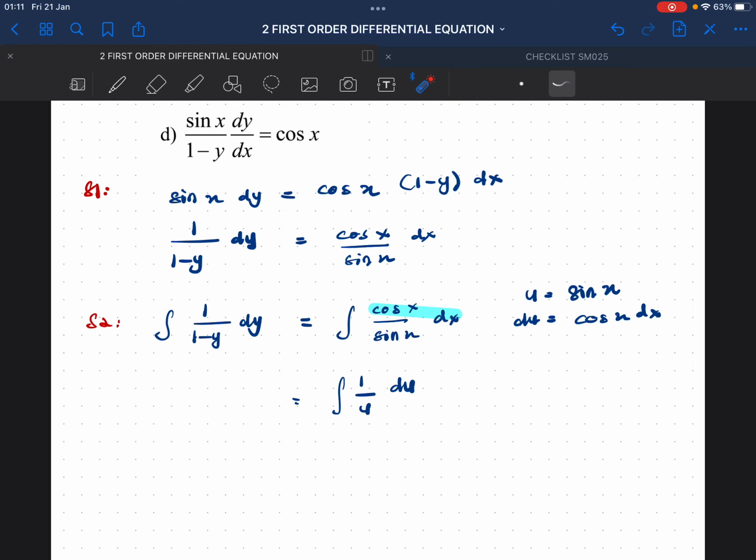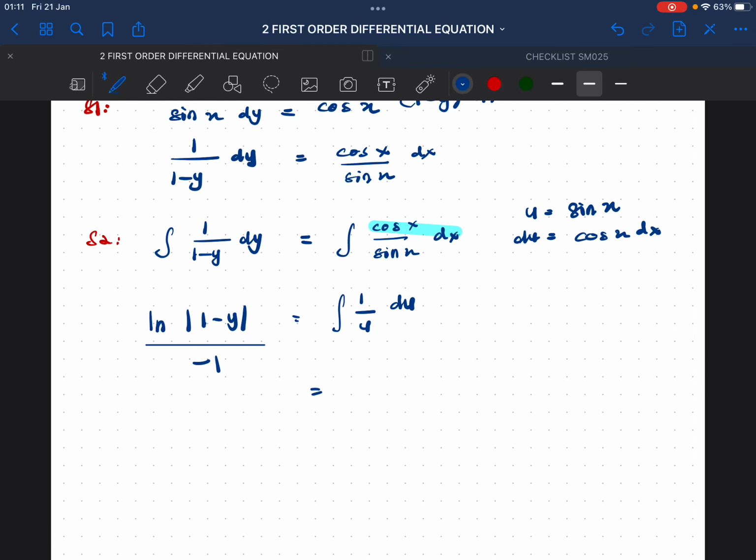No, we have a linear term here, so that will be ln of 1 minus y, and don't forget to divide by the derivative of the inside, which is negative 1. For the right side, integrating 1 over u gives ln u plus c. So we have negative ln 1 minus y equals ln of u, which is cos x, plus c.